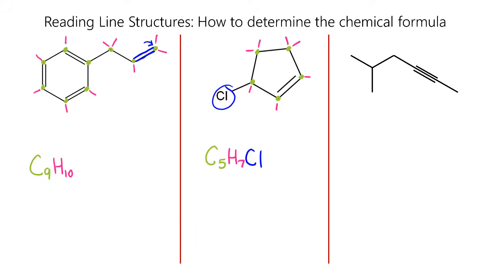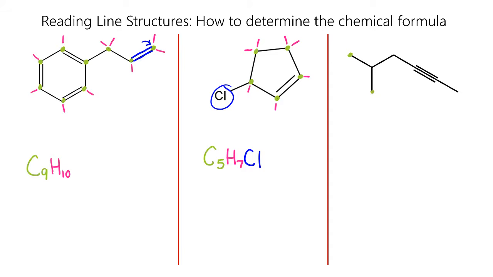Let's find all of our carbons. 1, 2, 3, 4, 5, 6, 7. So the formula for this would be C7. Counting where our hydrogens could go: 1, 2, 3, 4, 5, 6, 7, 8, 9, 10, 11, 12. And that would be the complete formula, C7H12.